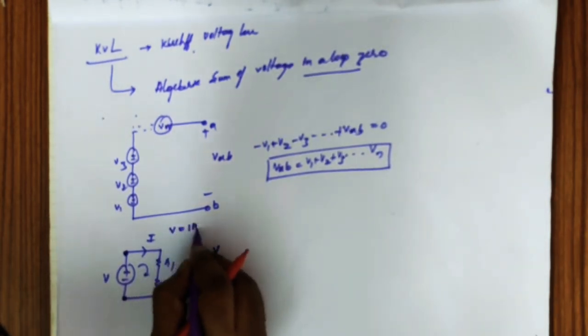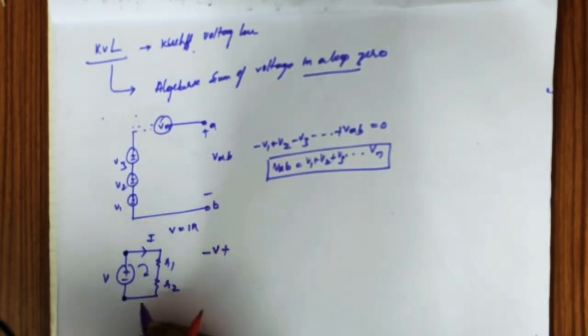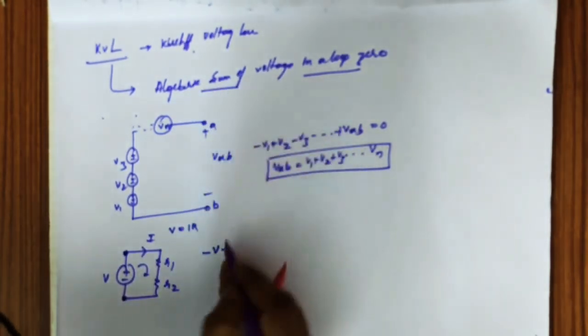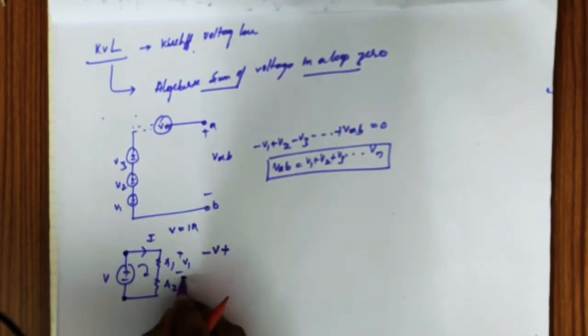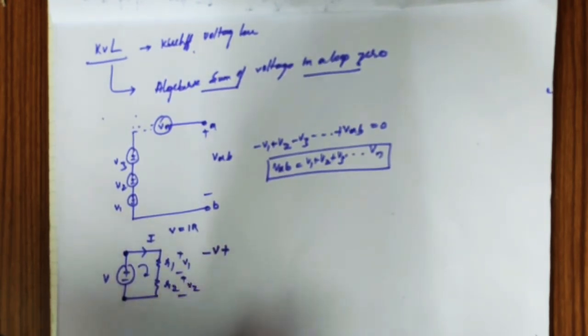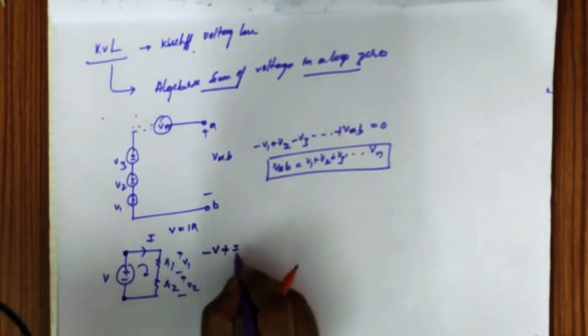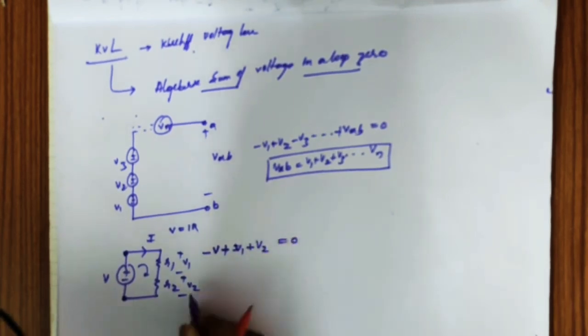V equals IR. Again it is an algebraic sum, so plus the voltage across resistance R1, which is V1, plus the voltage across resistance R2, which is V2. So we have minus V plus V1 plus V2 equal to 0.